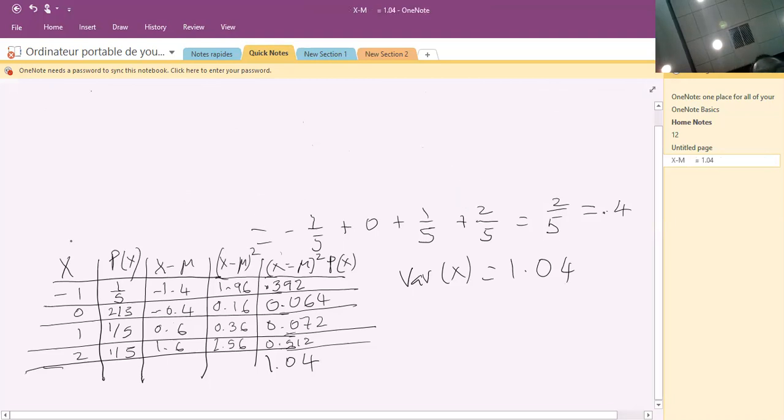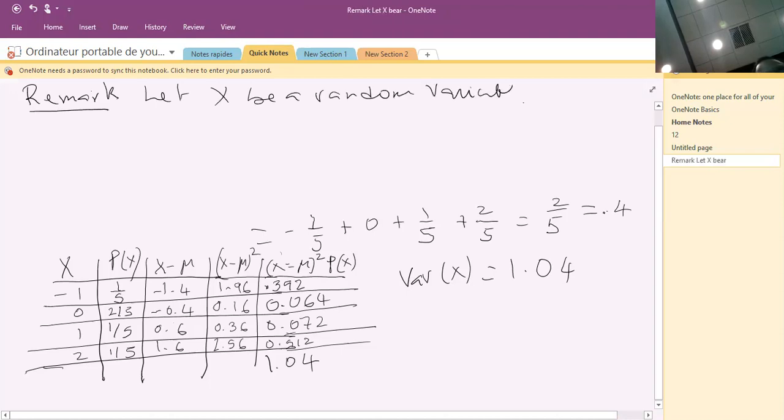Okay, remark. Let X be a random variable with mean mu.